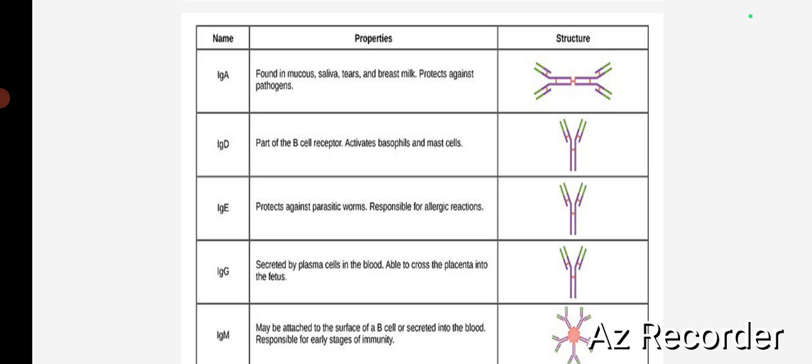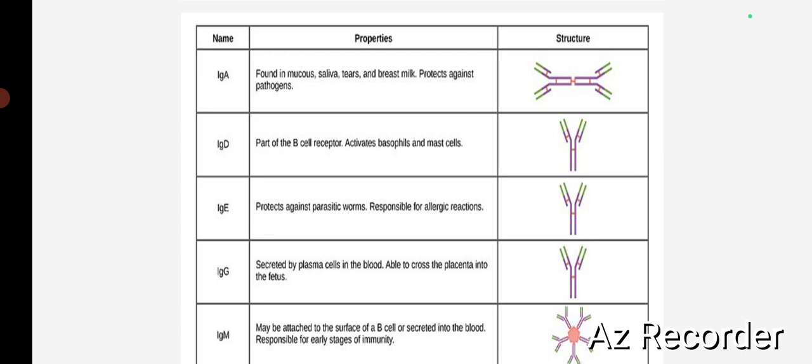It is in dimeric form. Next one, IgD, is part of the B cell receptor, which activates basophils and mast cells. It is in monomeric form. Next one is IgE, which protects against parasitic worms and is responsible for allergic reactions. This is also monomeric form.